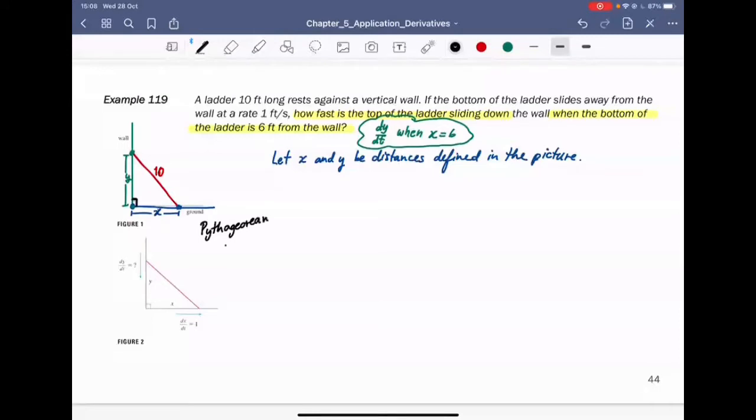It tells you that if you have a right triangle, then you have x squared plus y squared equals 10 squared, by the Pythagorean theorem. I'm going to use this as a base to solve this question. So I'm going to say that by the Pythagorean theorem.